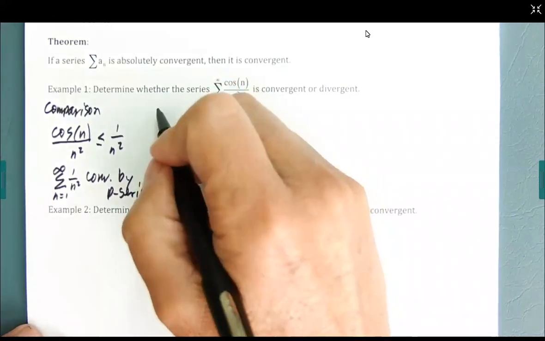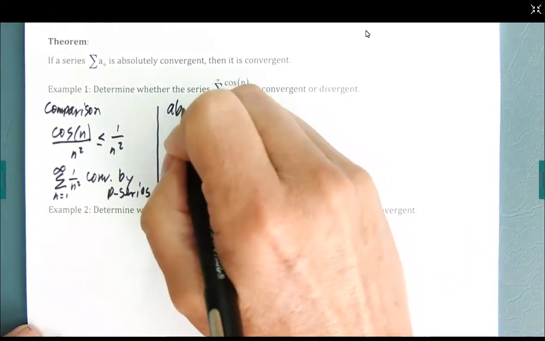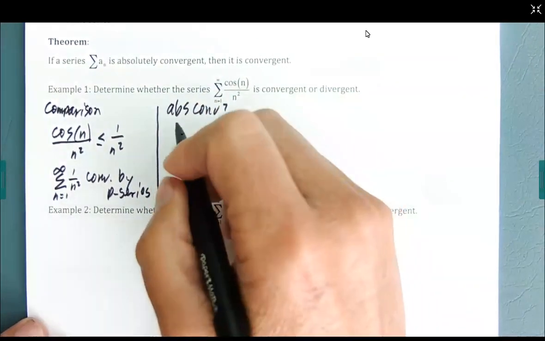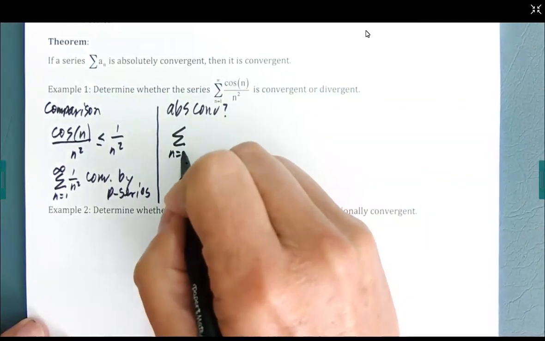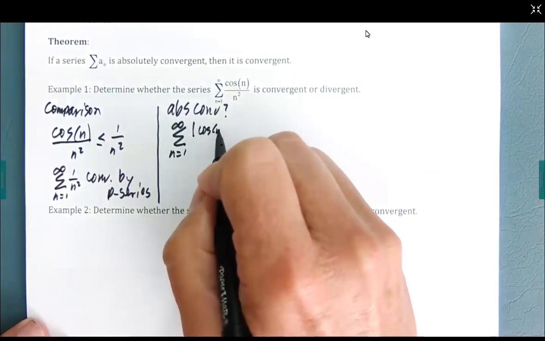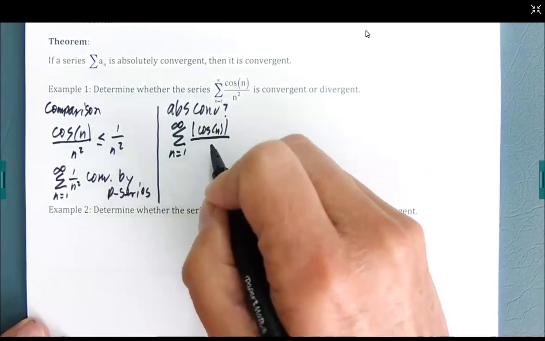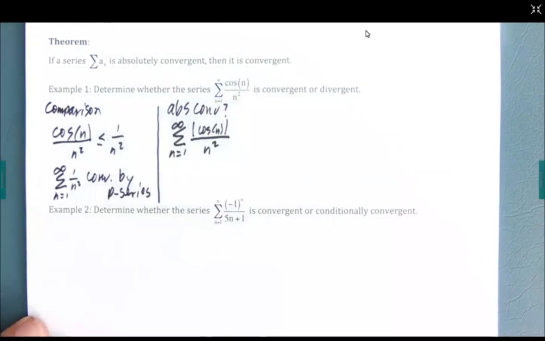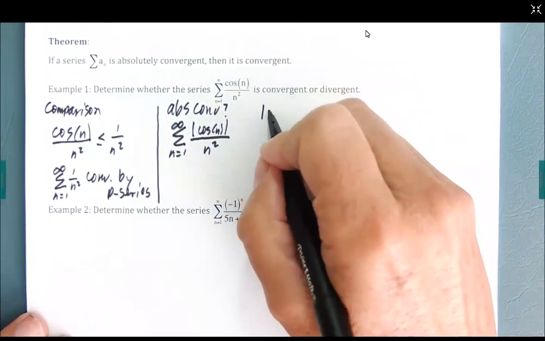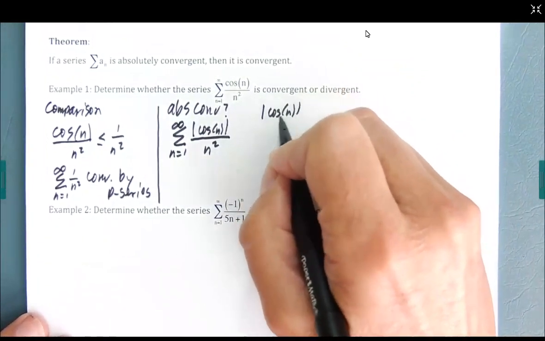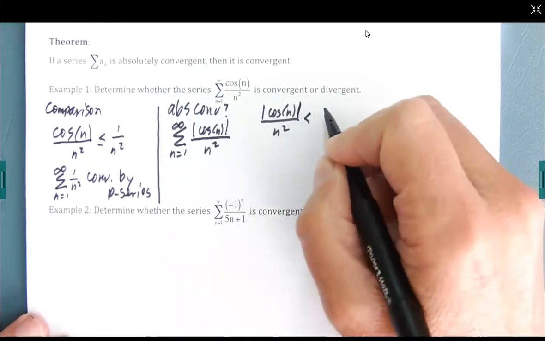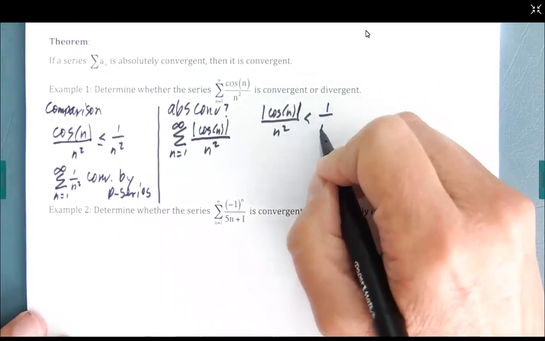Well, let's determine if it's absolutely convergent. Okay, so that gives us this. Now, n squared is always going to be positive, so we don't need the absolute value on that. But once again, by the comparison test, the absolute value is always going to be less than this here.